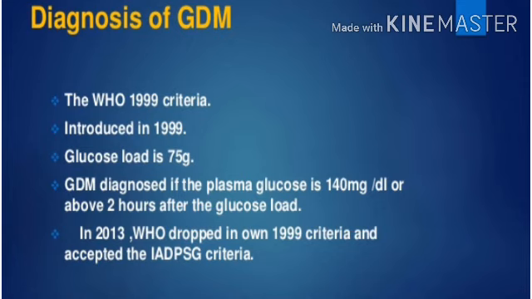The 75 gram of glucose is called glucose load. So after intake of glucose load, if the plasma glucose level increases 140 mg per deciliter or more, then it is diagnosed as gestational diabetes mellitus according to WHO guidelines.